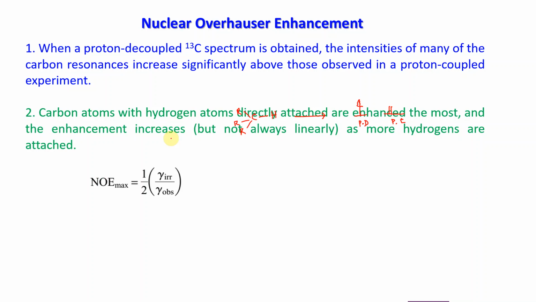Now this enhancement we call nuclear Overhauser enhancement, and it is given by a theoretical equation: half multiplied by the magnetogyric ratio ratio.